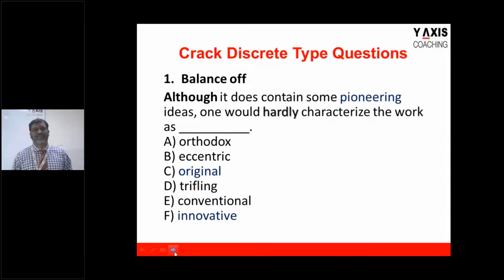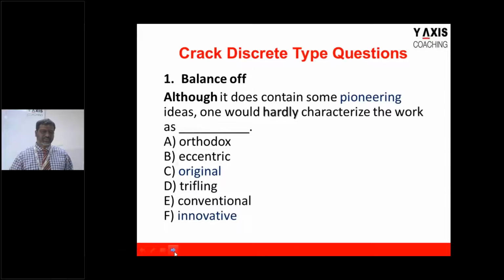You have a thought contraster, although, but then you also have hardly, which is another thought contraster. So that effectively balances off, requiring you to go with pioneering, because this is like saying, though this has some sweet, we can't call it entirely a sweet.